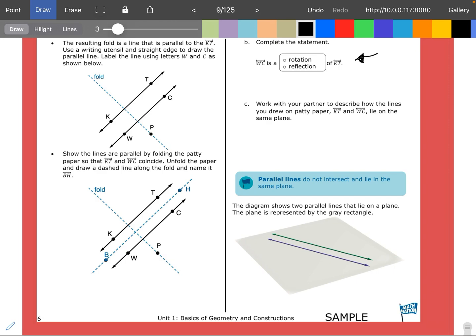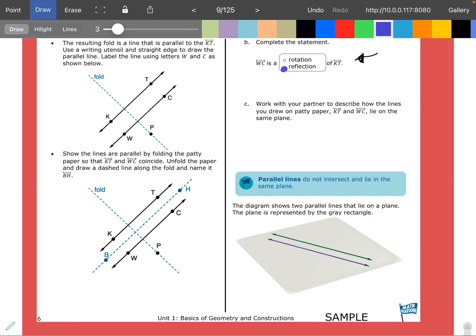You've even created another line, BH. But what is WC in relation to line KT? Well, WC is actually a reflection of segment or line KT.